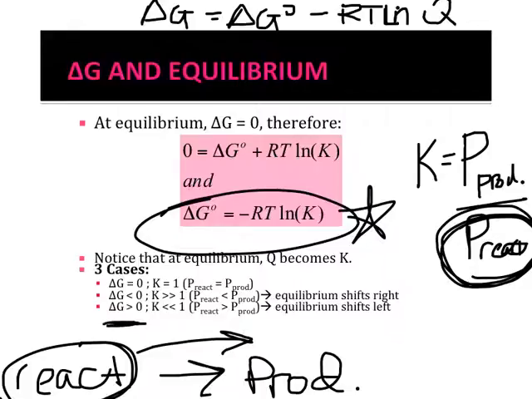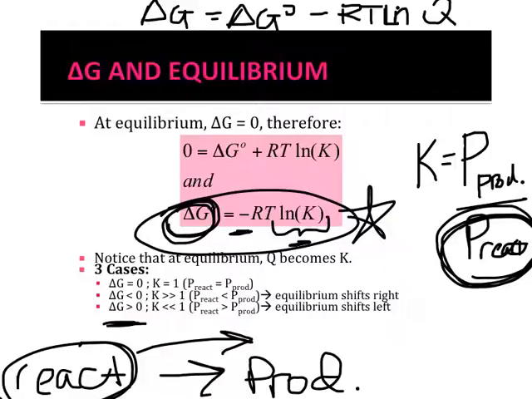Now let's do the opposite. If delta G is greater than 0, that means this number here has to be positive. I have a negative here, so whatever this is has to be negative in order to equal a positive. The only way the natural log of K can be negative is if K is a very, very small value.